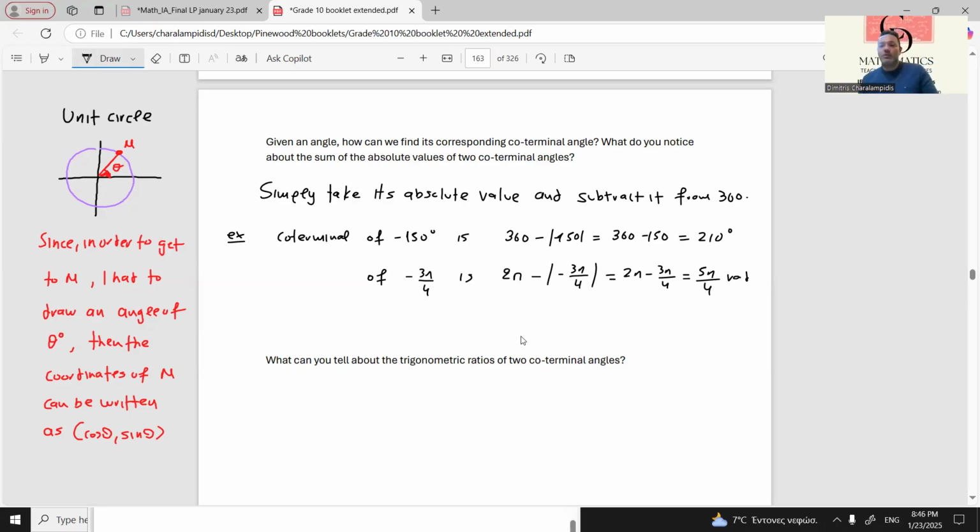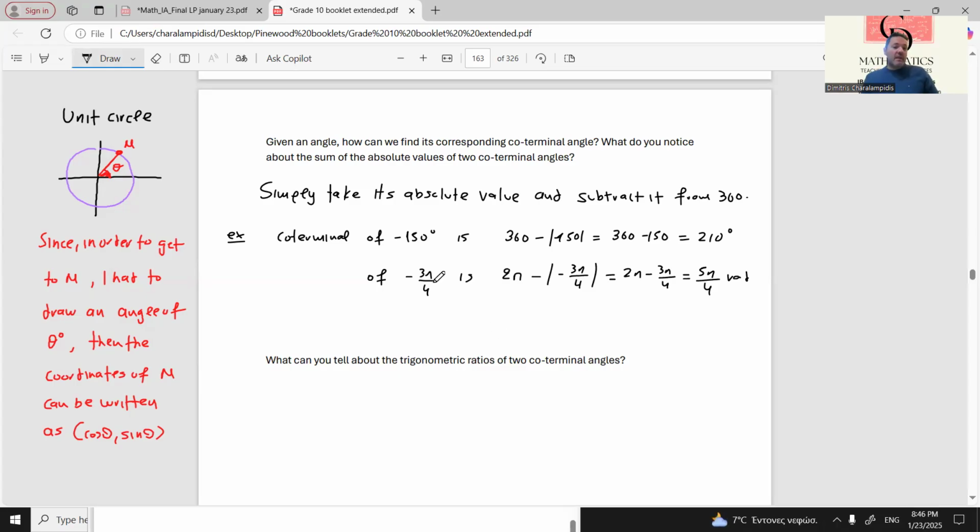So once you are given a negative angle, all you have to do to find its corresponding positive coterminal one is to take its absolute value, whether it's given in degrees or in radians, and take it out from 360 if it's given in degrees, or from 2 pi if it's given in radians. The result of this operation should be the corresponding positive coterminal angle.